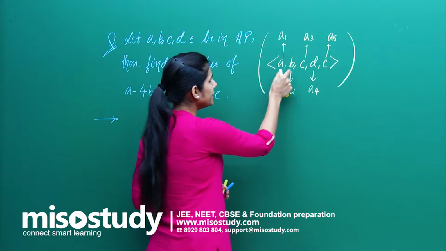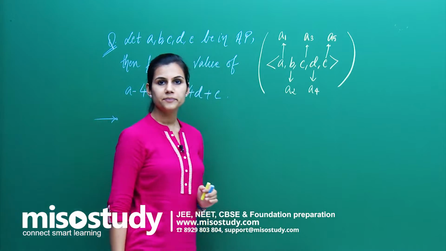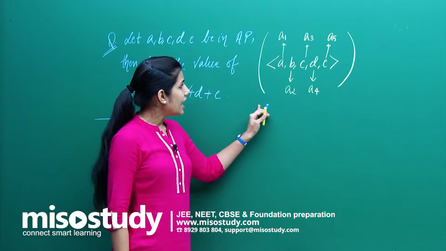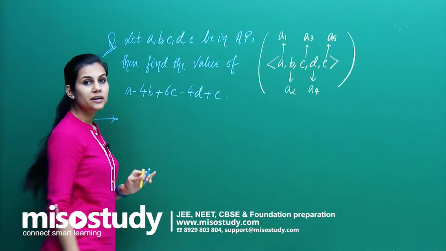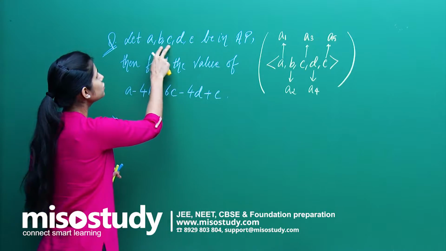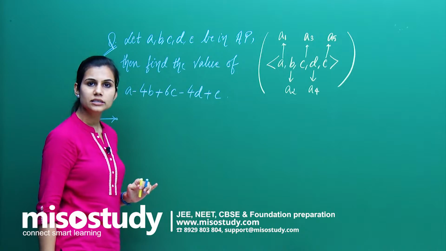See, B is the second term of this AP, right? I don't know the common difference of this AP, but I am sure that if these 5 terms are in AP, definitely the difference of any 2 consecutive terms is a constant.